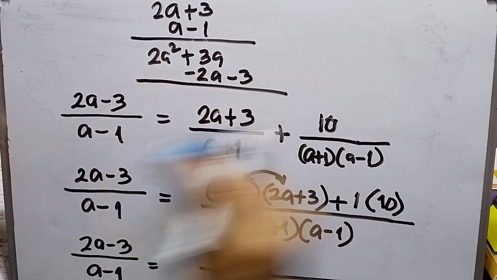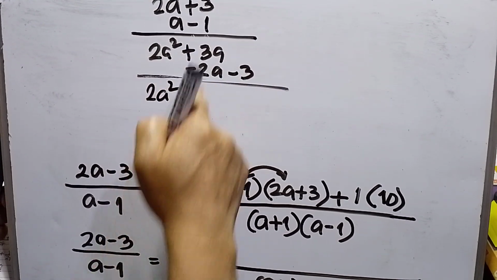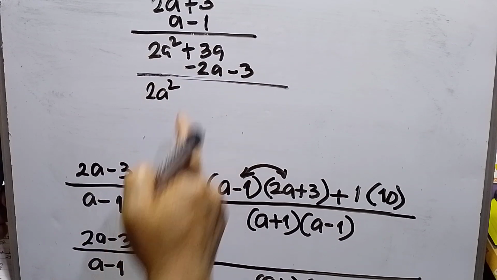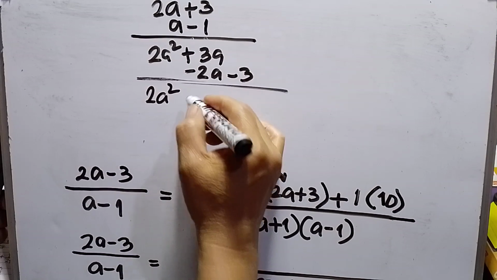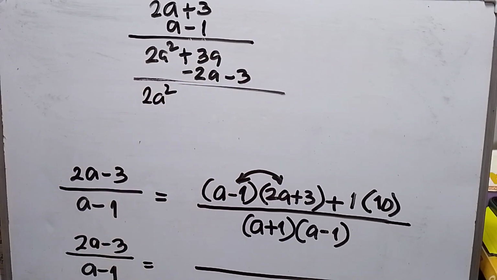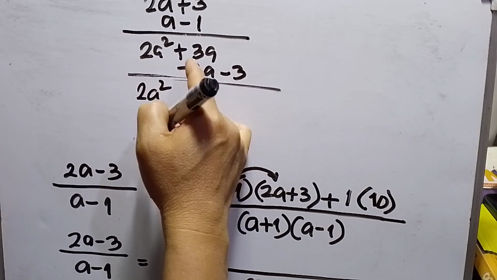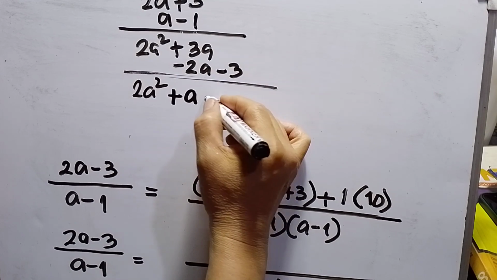Okay, bring down 2a². Then what is 3a − 2a? This is subtraction because they have unlike signs. So 3 minus 2 is 1. And then what is the sign of a? It should be positive because 3 is greater than 2 and 3 has a positive sign. So this will be plus a and then minus 3.